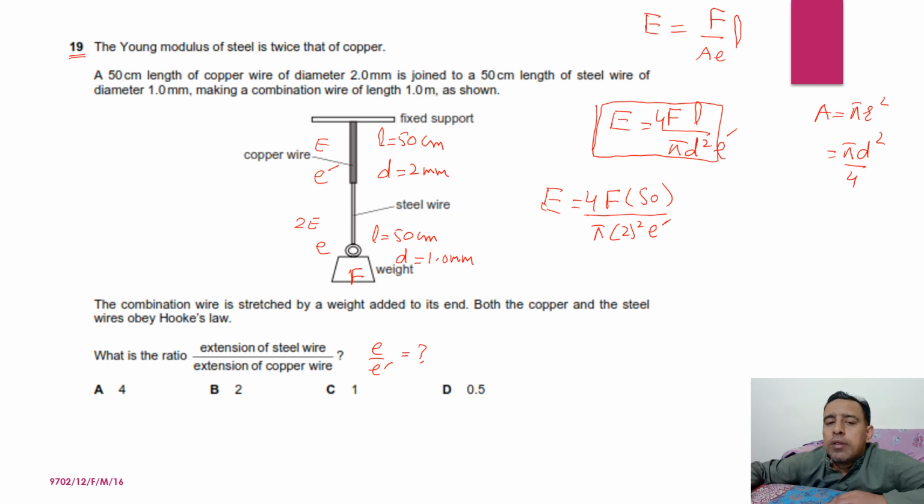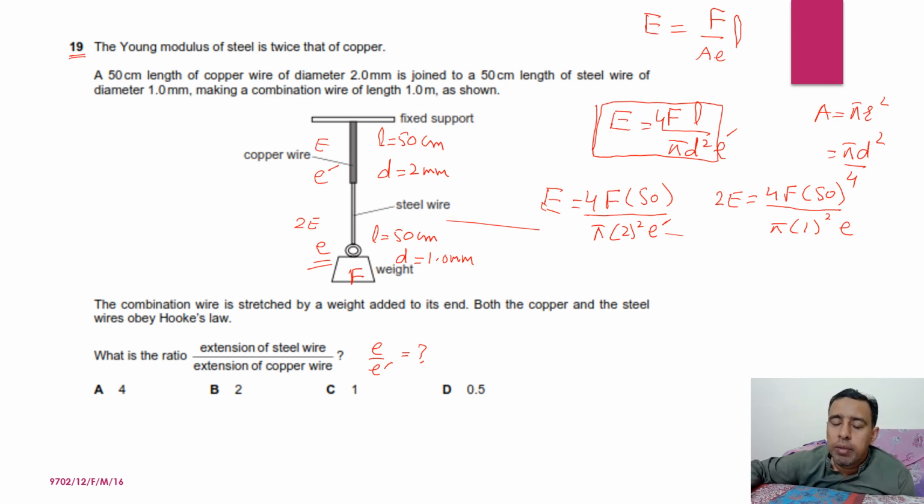So to write the same relation for the steel wire, the modulus is 2E, this is 4F, the length is 50, pi is constant, diameter is 1 square, and the extension is now called e in this case. Look at here, I'm not going to convert the units because the units are the same.